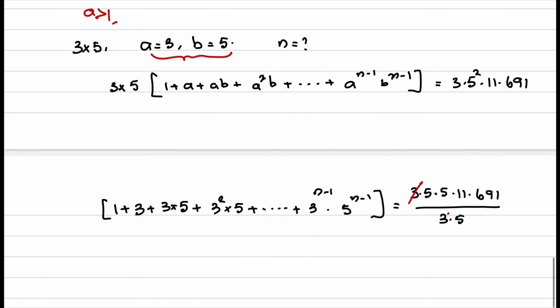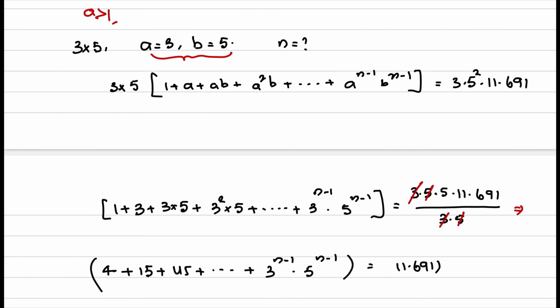The 3 will go, the 5 will go. That means 1 plus 3 is nothing but 4, plus 15, plus 45, plus up to 3 to the power of n minus 1 into 5 to the power of n minus 1, is equal to 11 into 691 into 5.